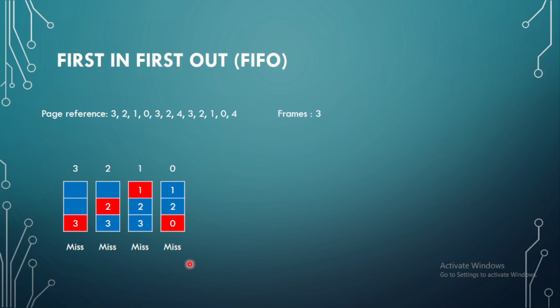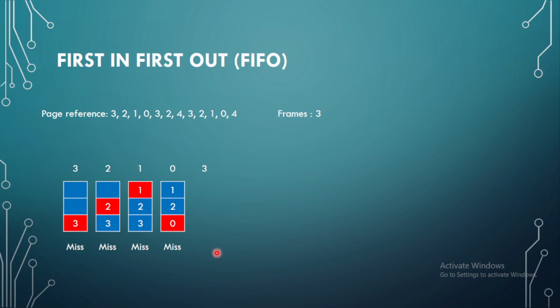And then the next page needed is 3. 3 is not available in the primary memory, so we have to replace some other page. In 1 2 0, 2 is the oldest page, the first page brought into the primary memory, so we have to replace 2 with the required page 3.